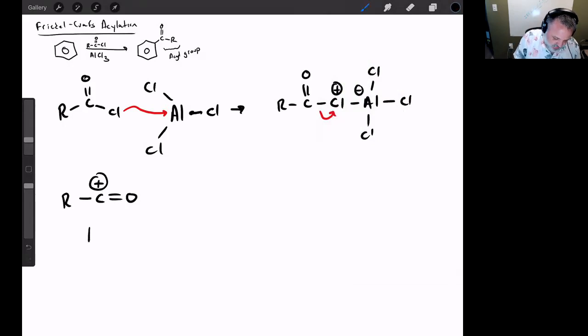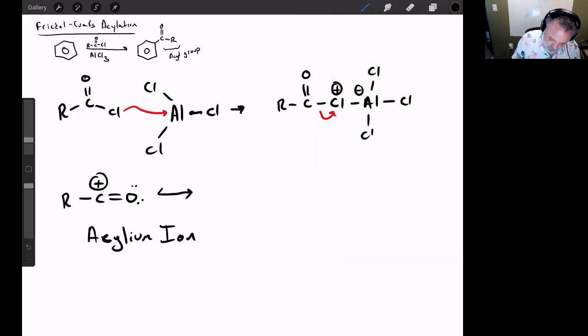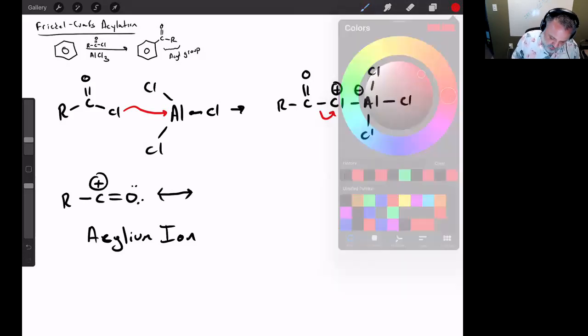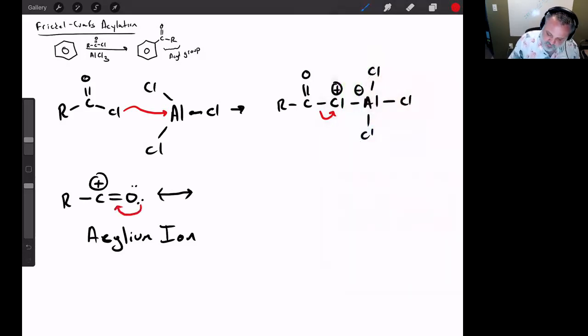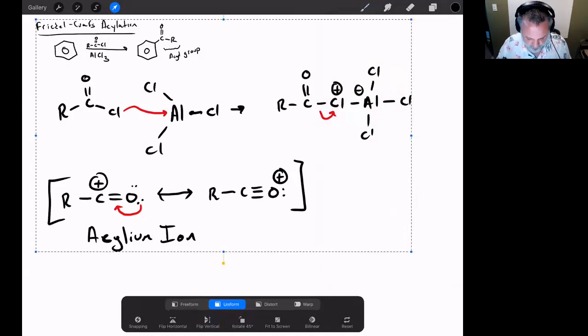This is an acylium ion. And what's interesting about this ion is that it is resonance stabilized. One of the lone pairs on the oxygen can make a triple bond with the carbon, and we can show the positive charge delocalizing into the oxygen.